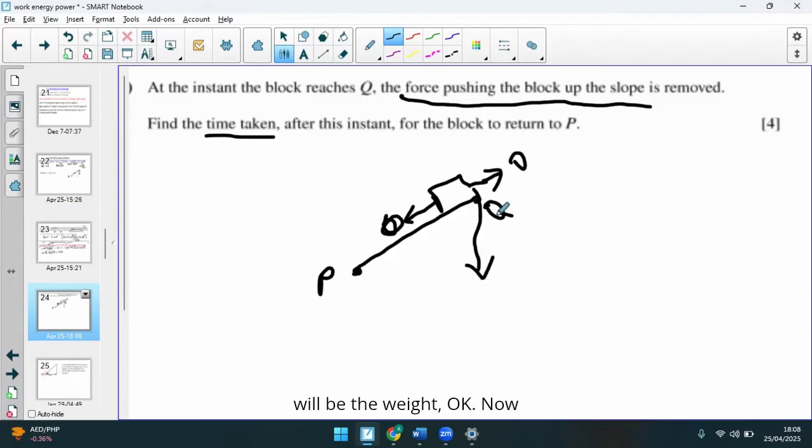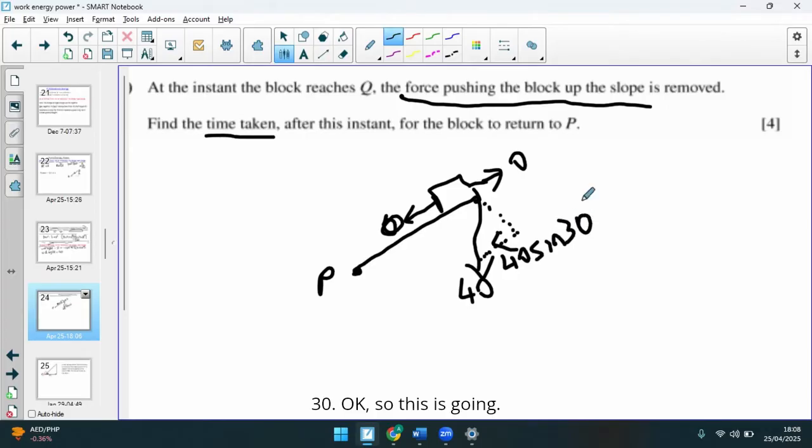Okay, so 4 kg, so 4g will be 40, and then you have here 40 sine 30.